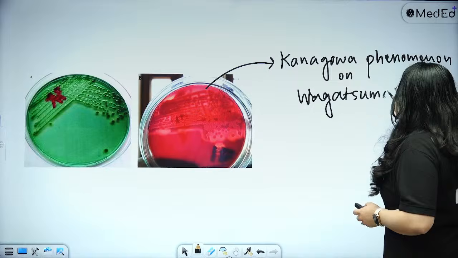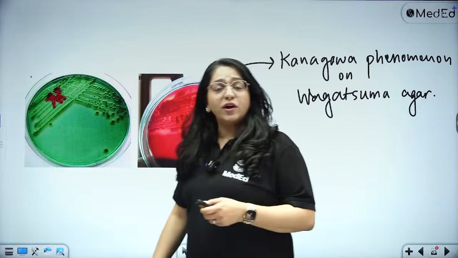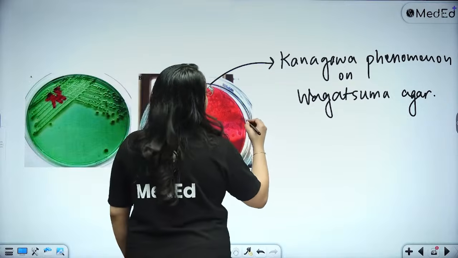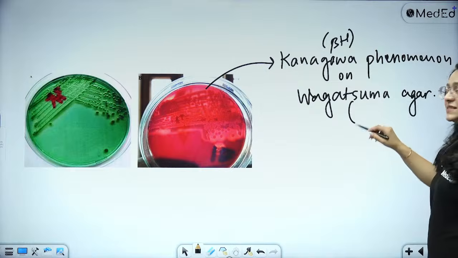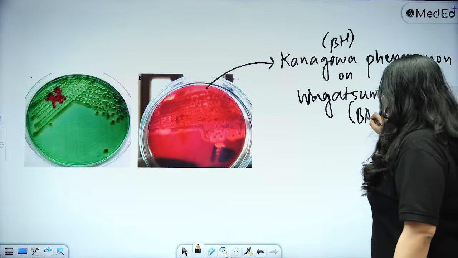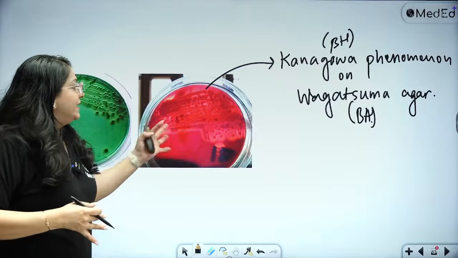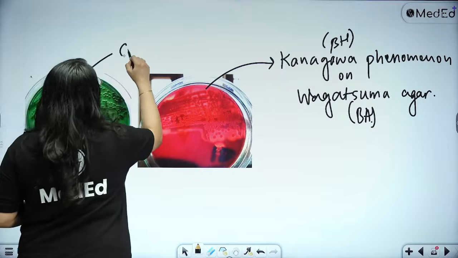Everything happens on the shore of Japan by ingestion of oysters, Japanese seafood. So, Kanagawa phenomenon simply means beta hemolysis. Vagatsuma agar is simply an alkaline blood agar. So, simply a different type of a blood agar used and beta hemolysis being shown. Same bacteria is showing you green colonies on TCBS.